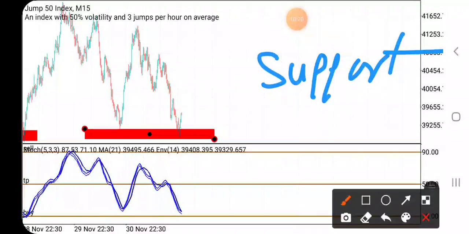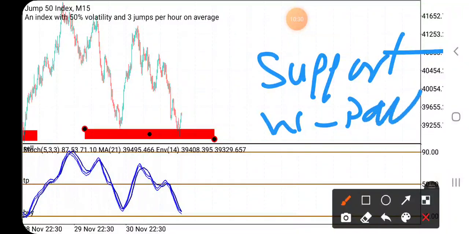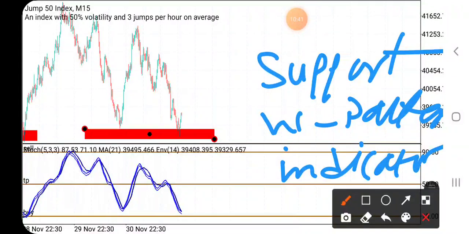Our number two factor is the double bottom we have seen, or W pattern. Then our number three factor is our indicators. So we are using three factors on this trade.